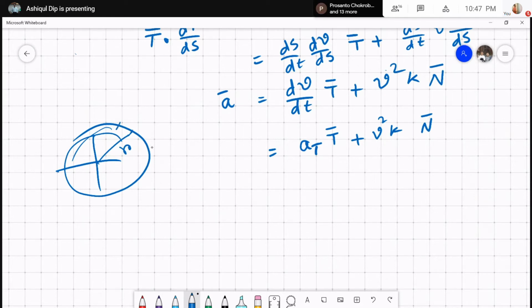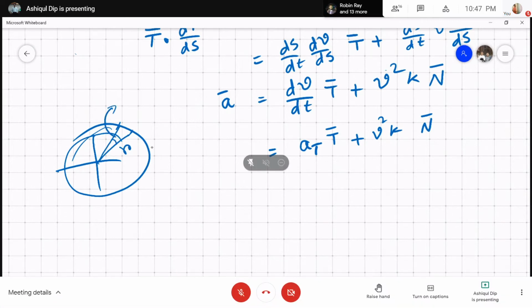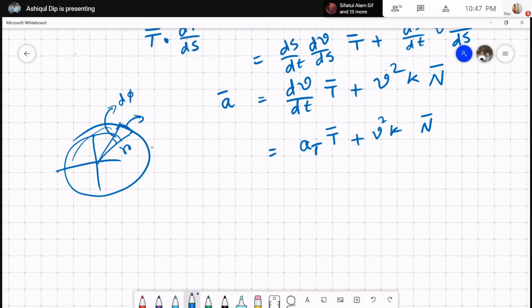If it creates an angle d phi inside, then this arc is related like this: ds equals r d phi, right? R is a constant. I should write capital R here.